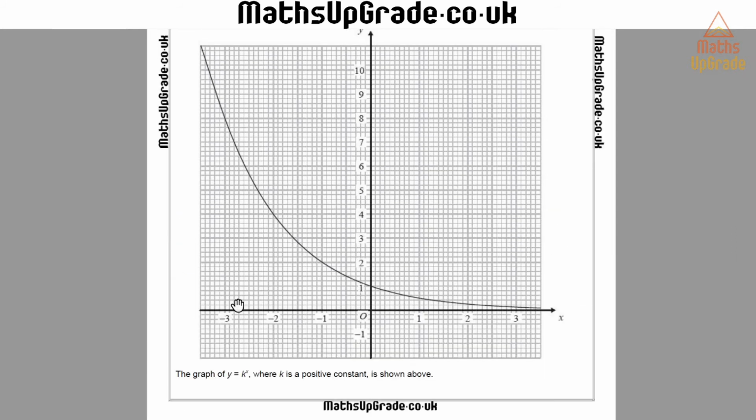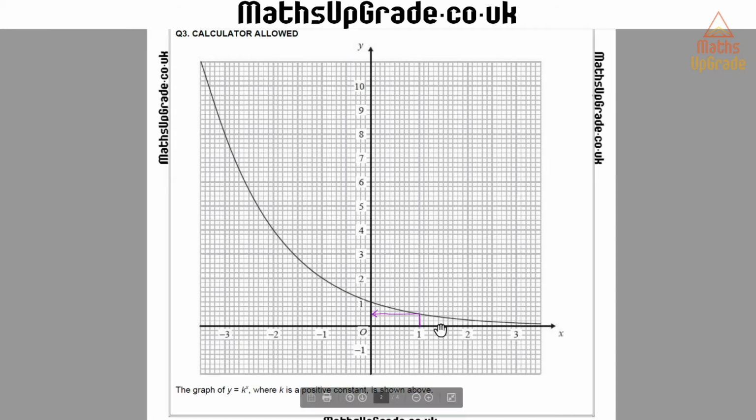Now, you can find the value of k from when x equals 1. When x equals 1, that means y will equal k to the power of 1, so y will equal k. So when x equals 1, the value of y is what k is.